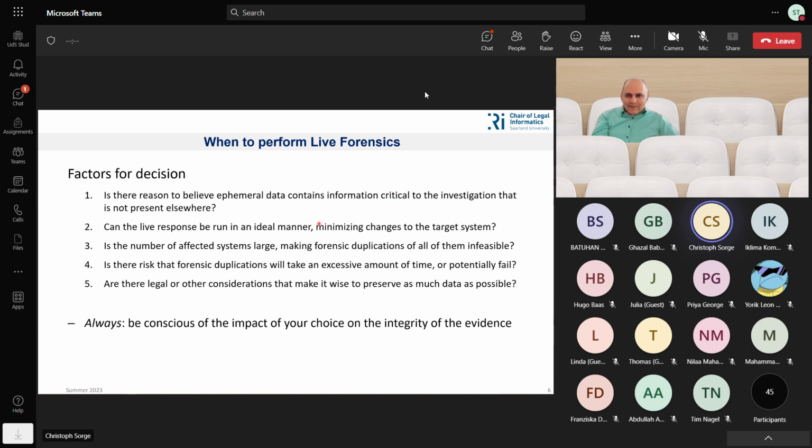Secondly, do you have the right circumstances to run live forensics to minimize changes to the target system? We'll get back to factors influencing that point later, but at its core, it means: do you have experience with live forensics on that specific type of system, operating system, and system configuration?